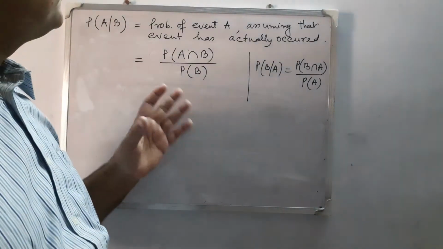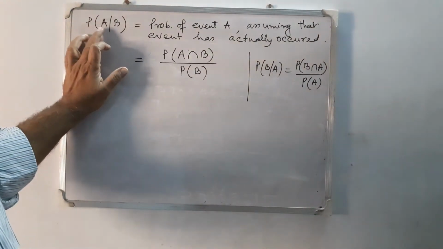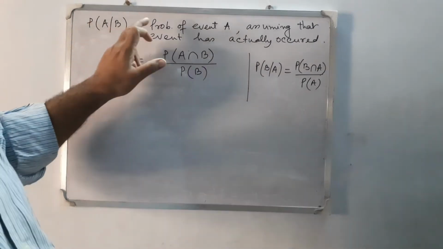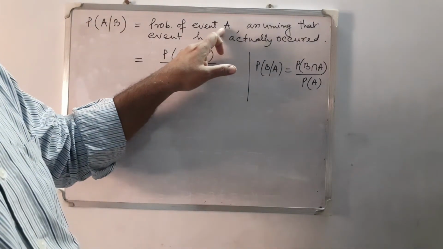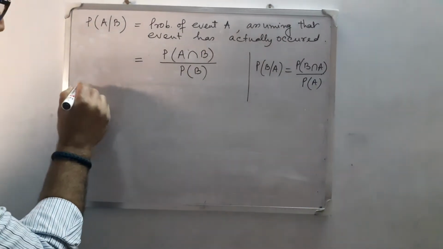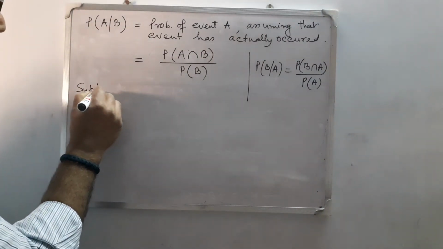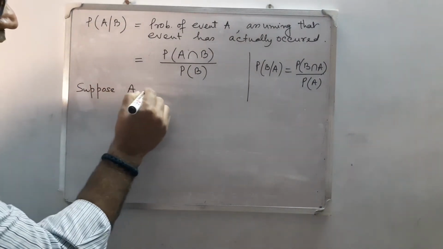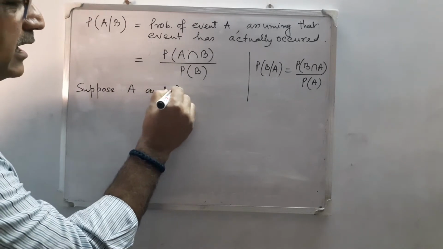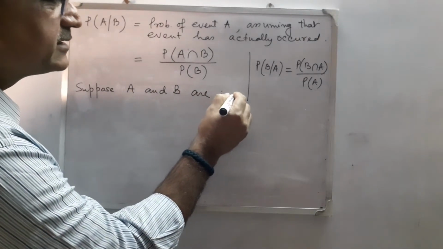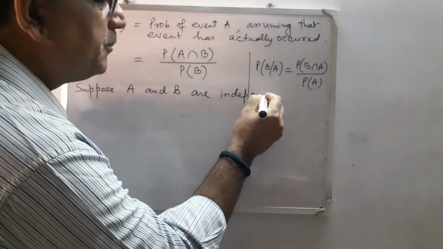Now suppose here P(A/B) we define as the probability of event A. Now suppose A and B are independent.